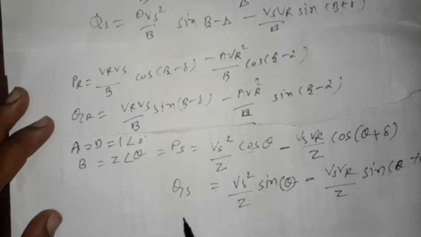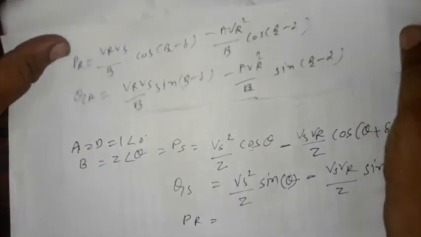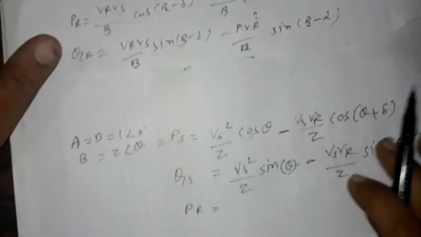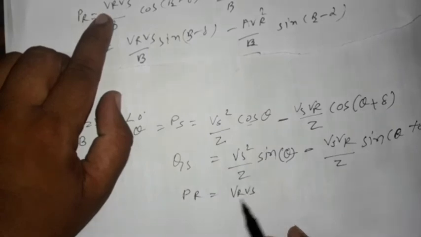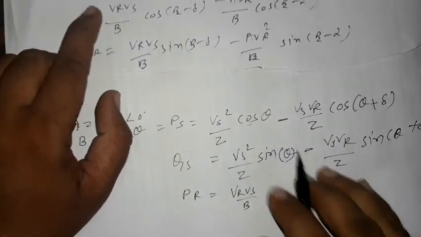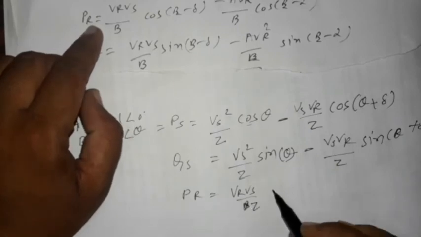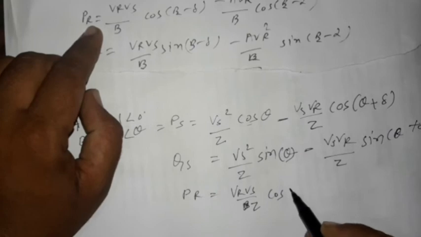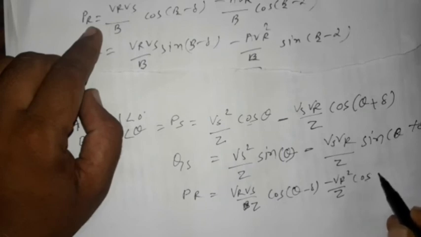Now we write the equation for PR. So PR is equal to Vr into Vs by B. Now B is equal to Z, so Vr into Vs by Z, cos of the angle of beta, which is theta, minus delta, minus Vr square by B, so we put the value Z into cos beta, which is theta.